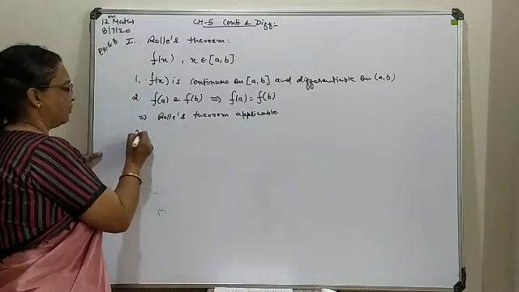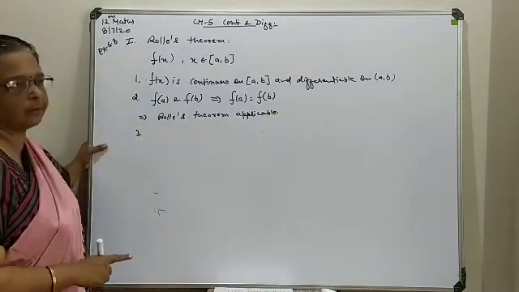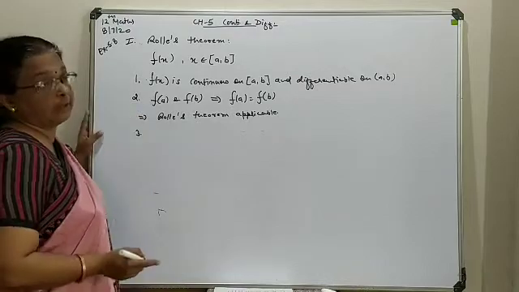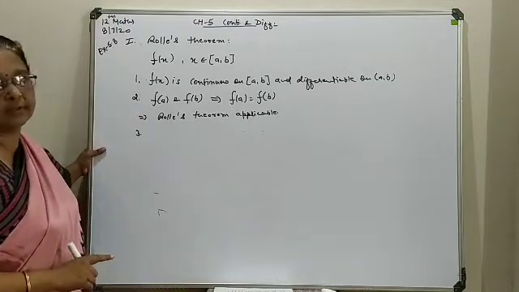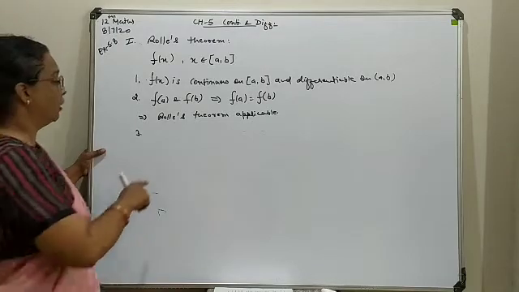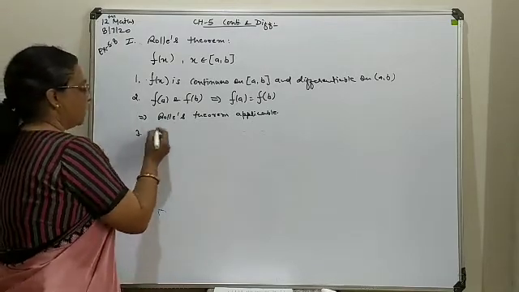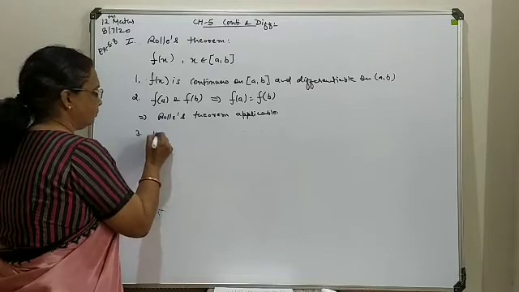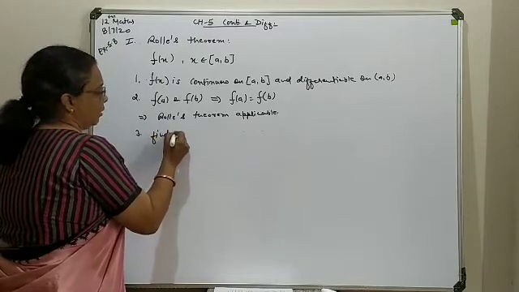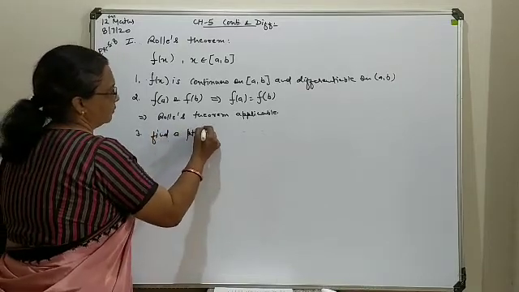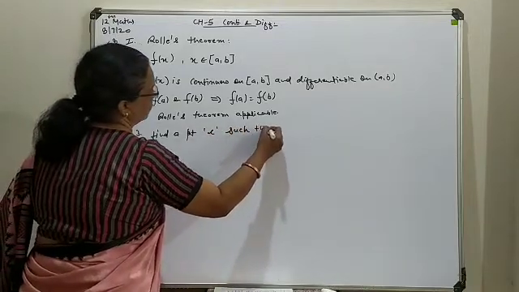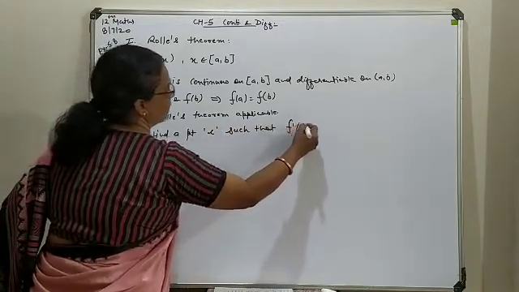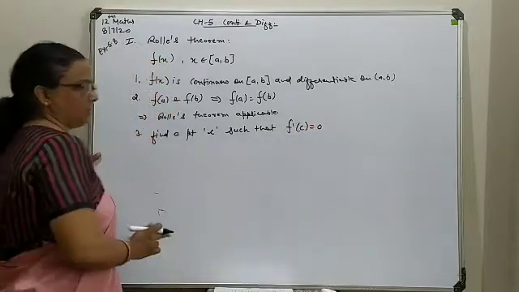Now the third step: we have to find a point on the open interval (a, b) in such a way that it satisfies the first derivative being 0. So your third step is to find a point c such that f'(c) is 0.